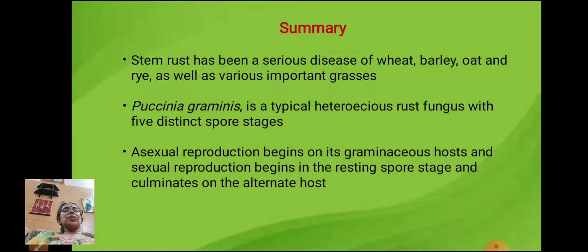Puccinia graminis is a heteroecious, polymorphic, macrocyclic, obligate fungus, and the asexual reproduction begins on the graminaceous hosts, and sexual reproduction begins in the resting spore stage, and culminates on the alternate host.